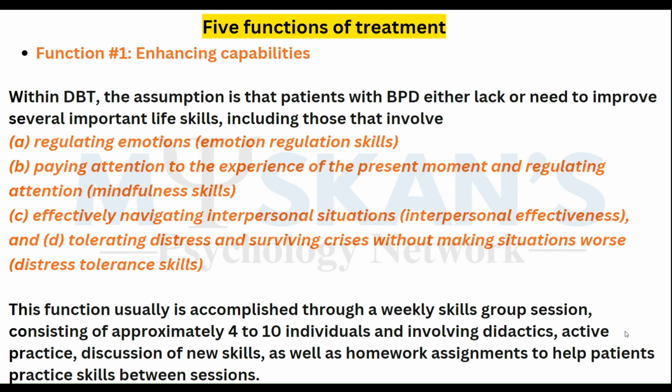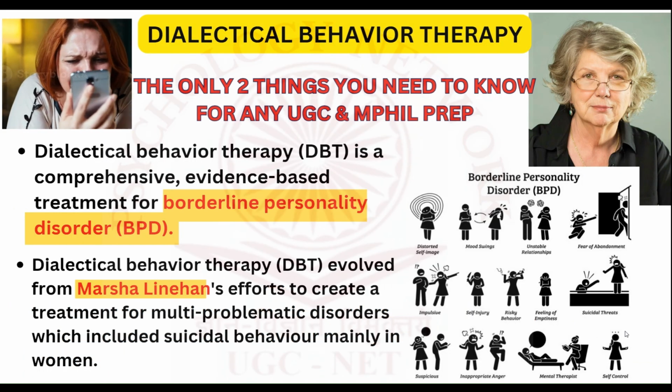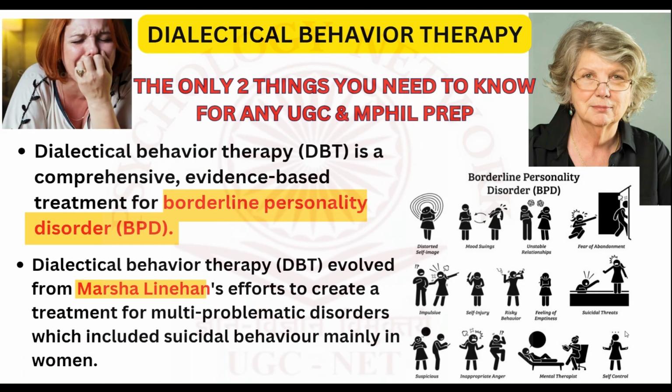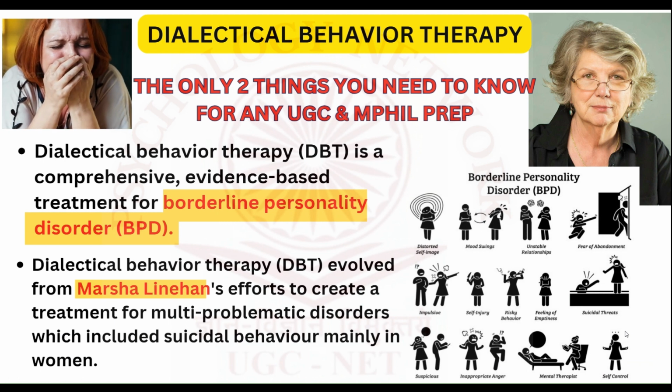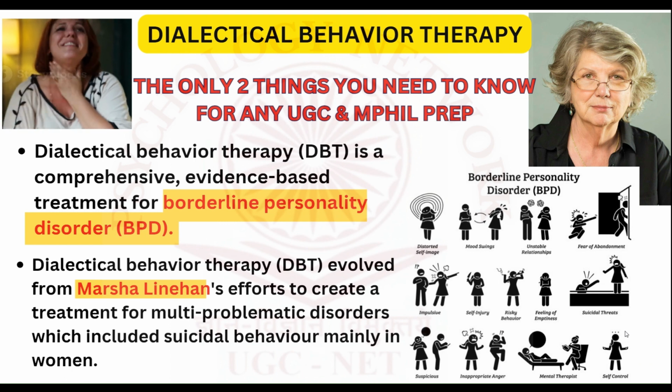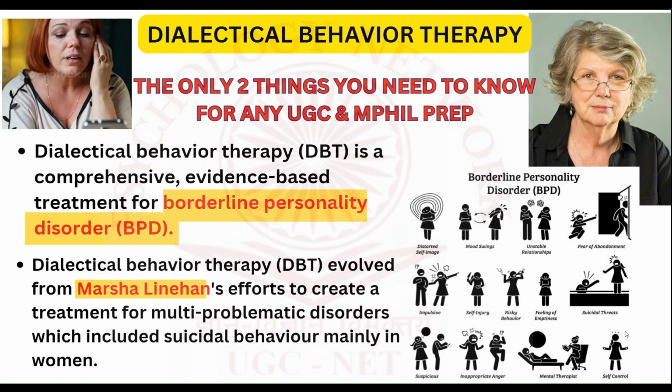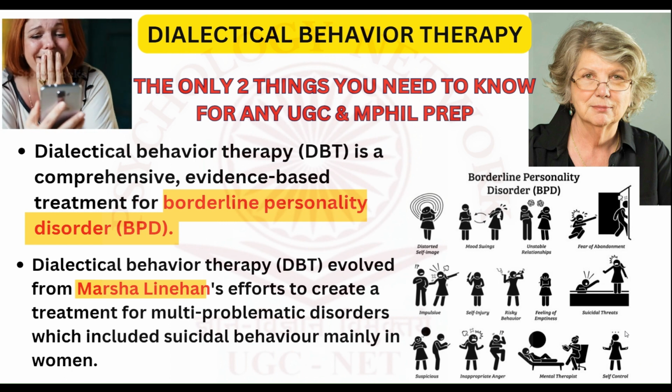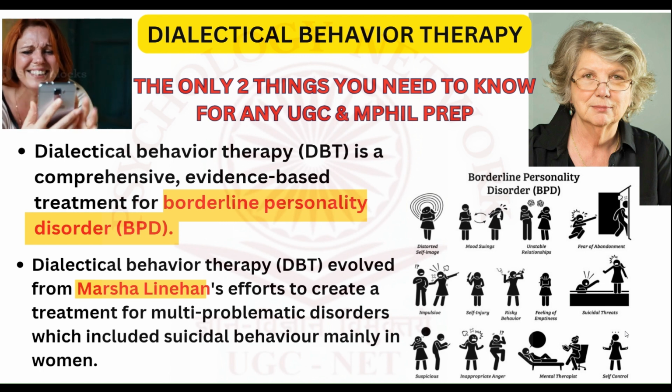Now, there are five functions of the treatment. The first is enhancing capabilities. So if you see in BPD, you see that people have a distorted self-image, they have unstable relationships because they might get reactive, feelings of emptiness, and there can be a lot of comorbid disorders of depression and anxiety, and they are very impulsive.